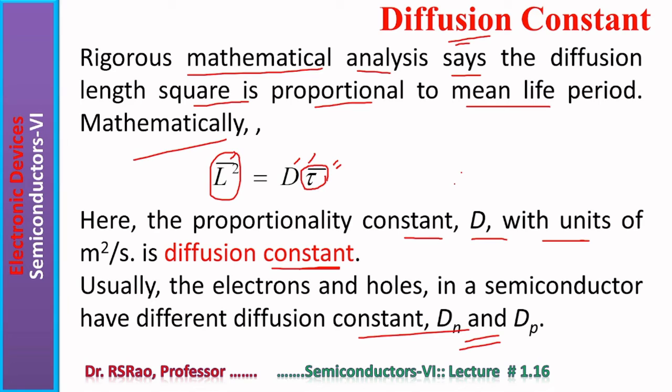Individual lifetimes are not important, but the average is quite an important parameter. Tau bar indicates the average lifetime or mean life period. Here D is the proportionality constant between L bar squared and tau bar.